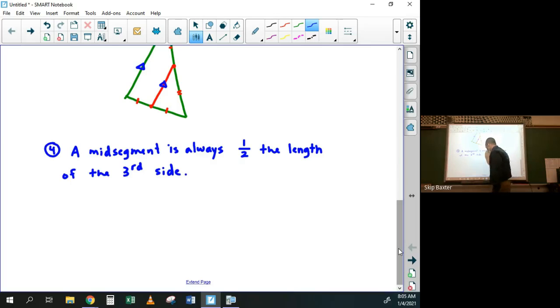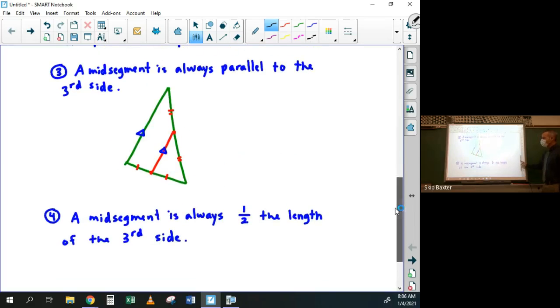So problems that involve a midsegment usually involve one of these last two facts. Either the fact that a midsegment is half the length of the third side, or the fact that a midsegment is always parallel to the third side.